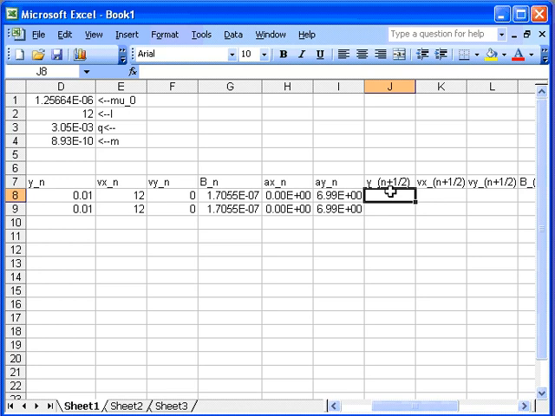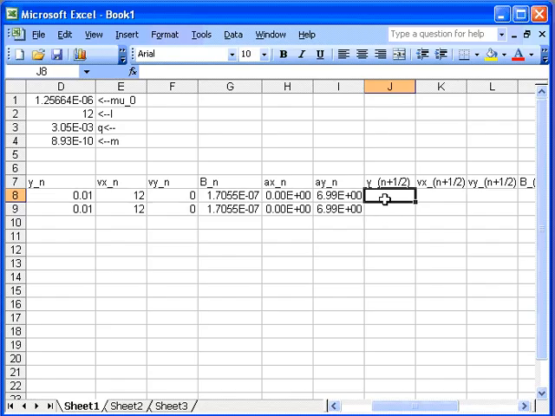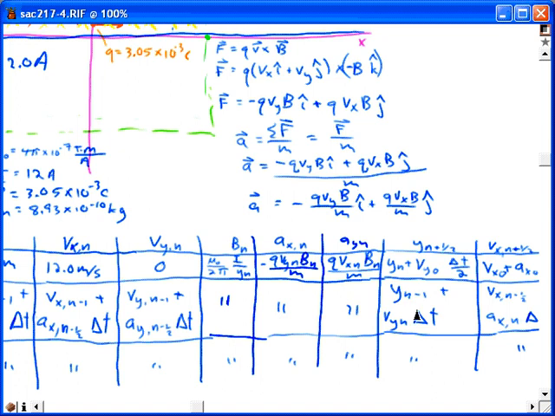The yn plus a half was yn, so the value over here, plus the v0 value over here, times delta t over 2. Delta t over 2, don't forget that. So this equals the y over here plus the Vy over here times $A$1/2. It's my delta t. Alright, did that just get copied down?